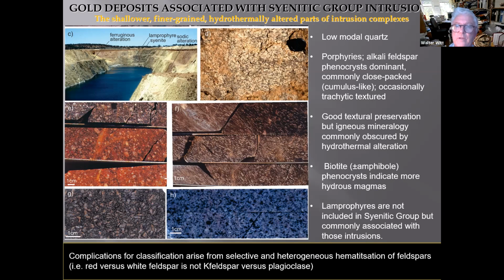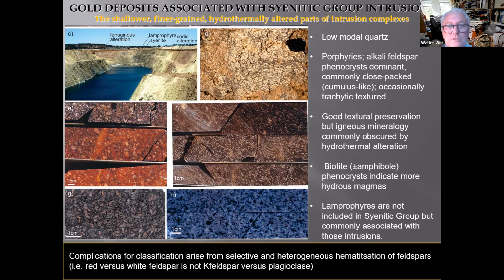But of particular note in these examples is that the porphyries have phenocrysts of biotite and amphibole, indicating that those hydrous minerals are crystallizing relatively early and suggesting a hydrous nature for these intrusions.